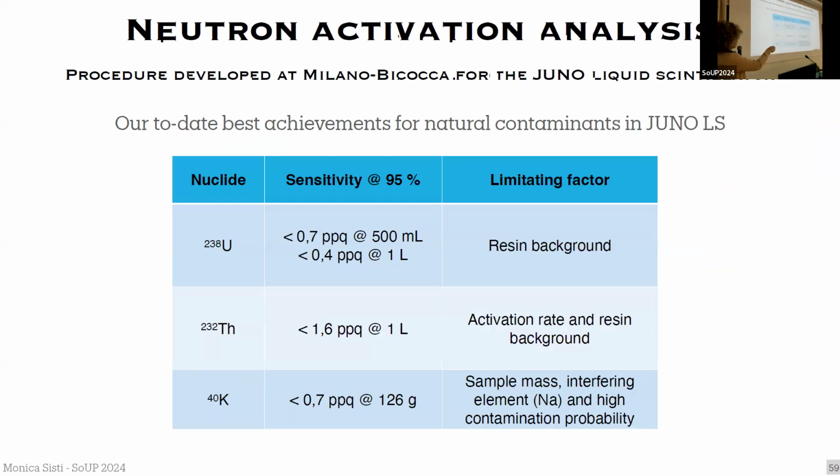And after all this, these are the sensitivities we could reach until now. Here we still have some limiting factors that we are trying to cure. But we are in the range required by the JUNO experiment.